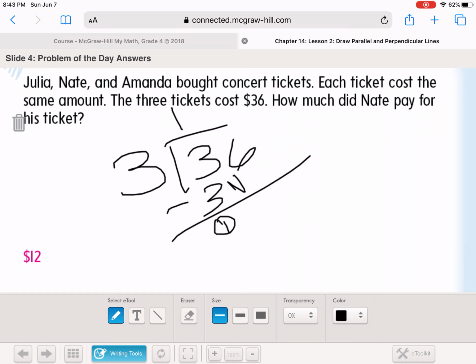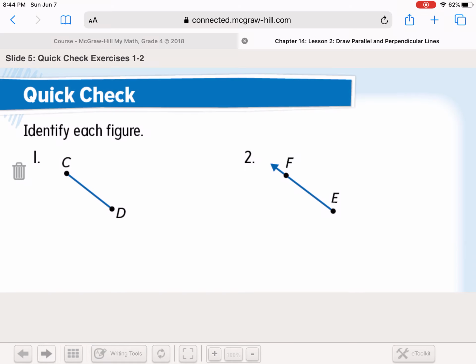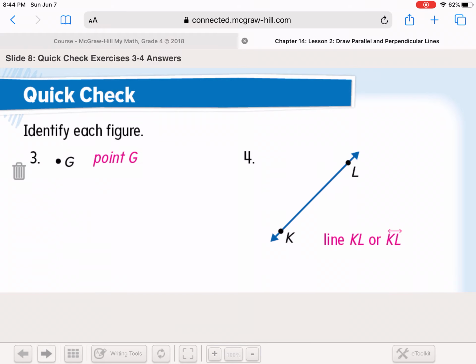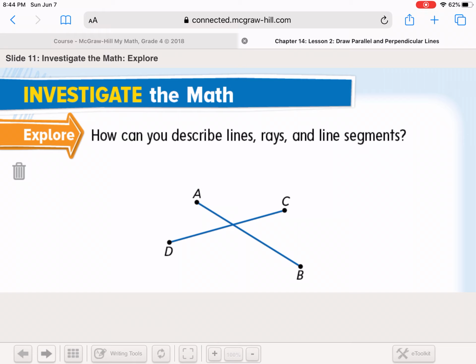Oops, sorry. $12. Okay? $12, not $1,200, $12. Wait, how come you don't know this yet? Well, I skipped that. I would do it if we were in school.